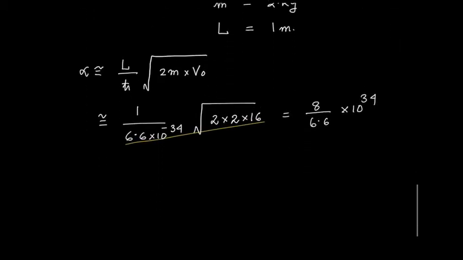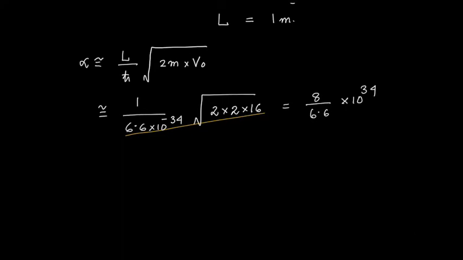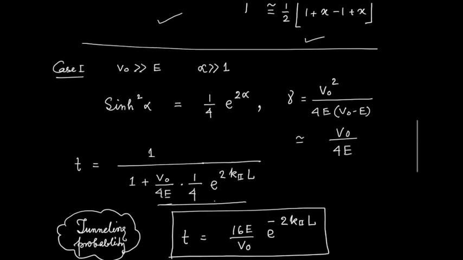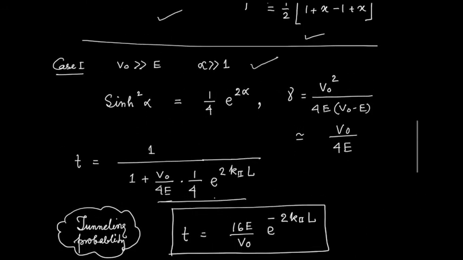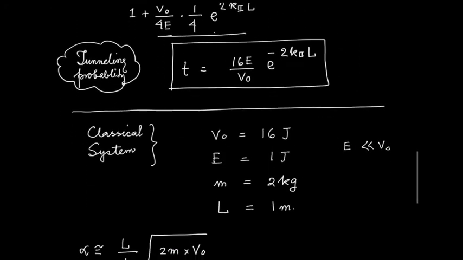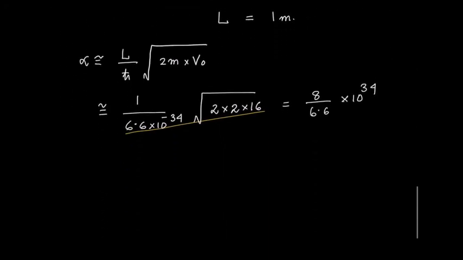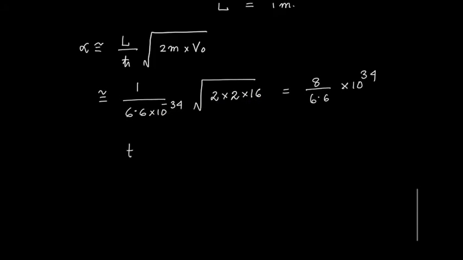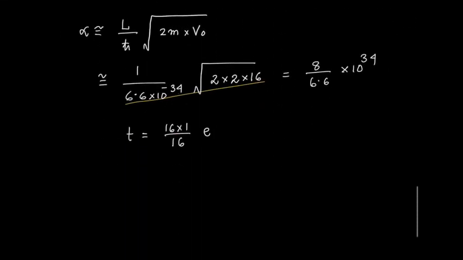Enormously large. If I say alpha is much greater than 1, that's an understatement. So we can happily use this approximation. My T will be 16E by V0 times e to the minus 2 alpha. T in this case is 16 times 1 by 16, which is just 1, times e to the minus 2 alpha. So e to the minus 16 by 6.6 times 10 to the 34, it really doesn't matter.